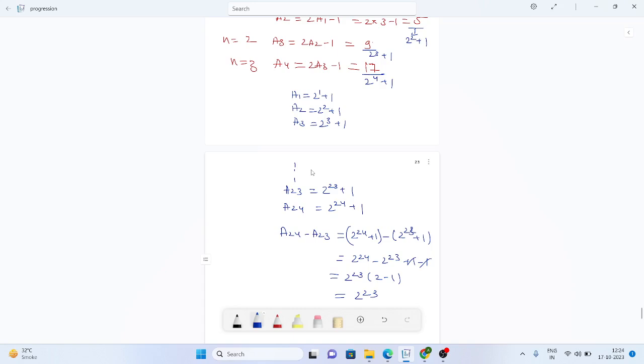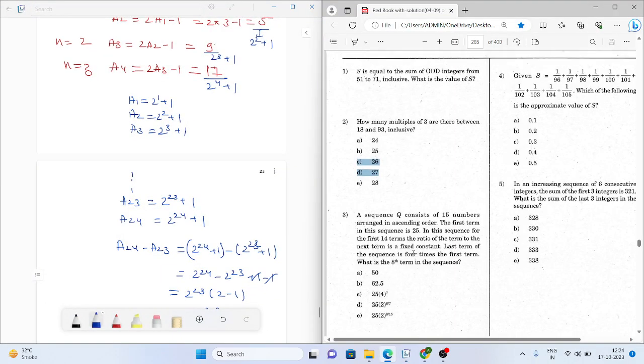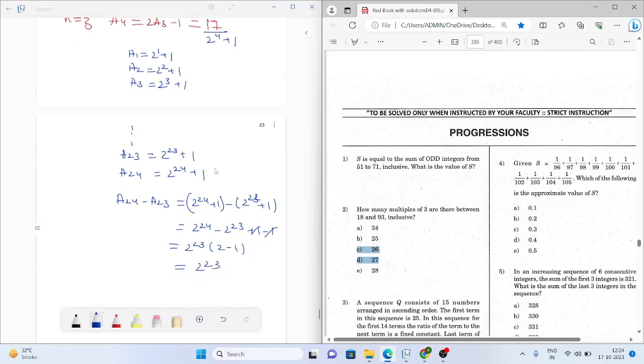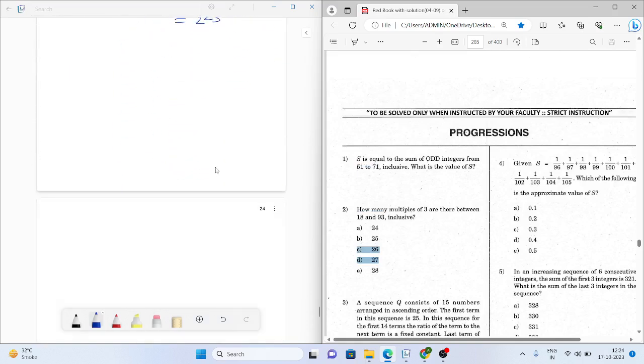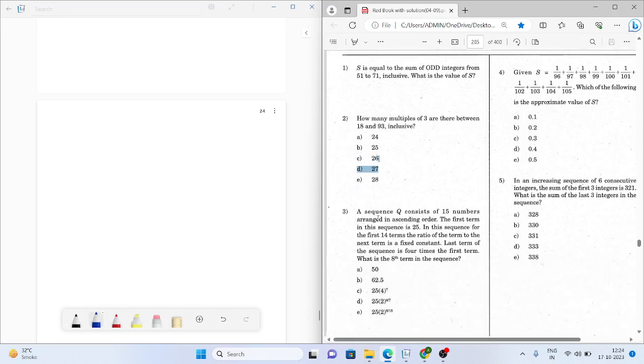Done? Okay. So these two you do as homework, because this type of question we solve in example.